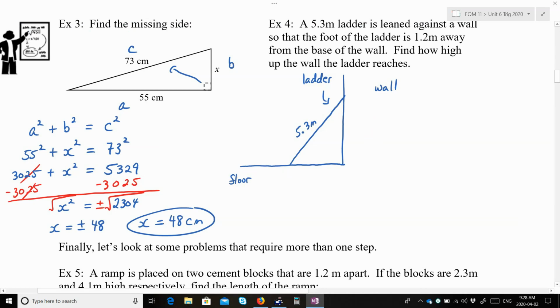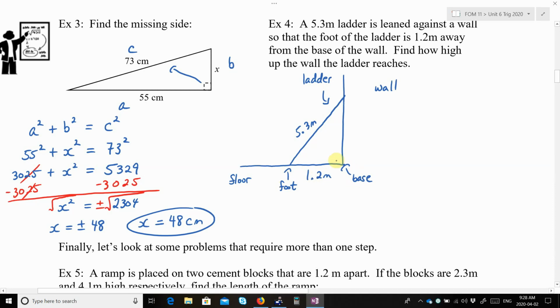Okay, and so this 5.3 meter ladder is leaned against a wall so that the foot of the ladder is 1.2 meters away from the base of the wall. So here's the foot of the ladder, kind of the bottom of the ladder, and the base of the wall is kind of the bottom of the wall. And it's saying that the foot of the ladder is 1.2 meters away from the base of the wall.